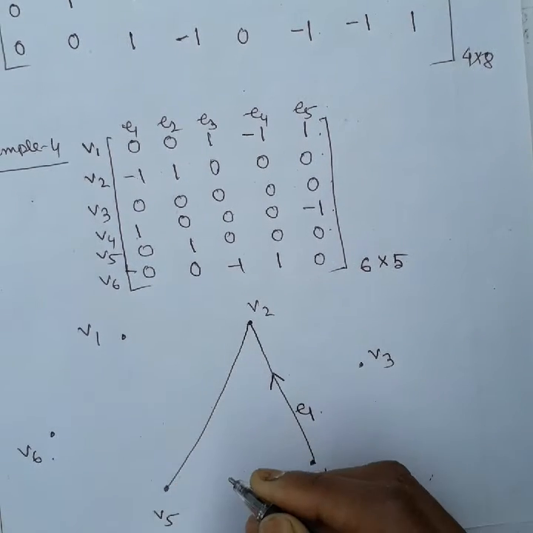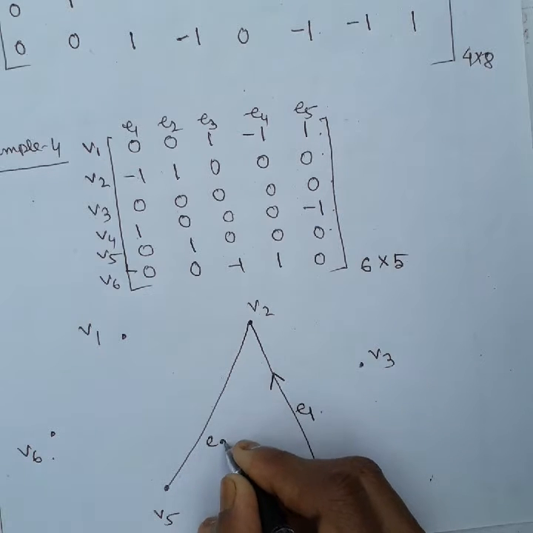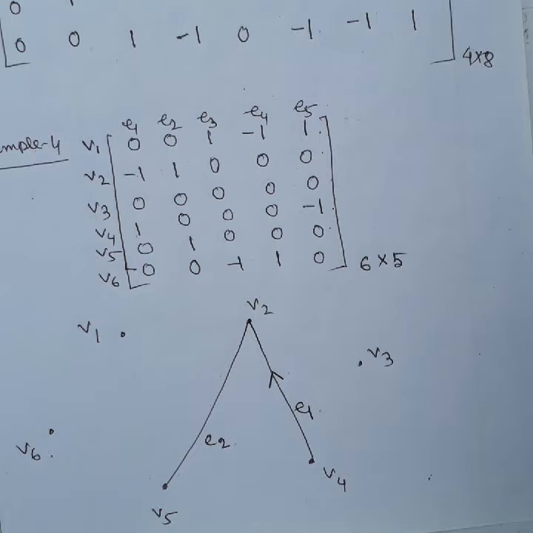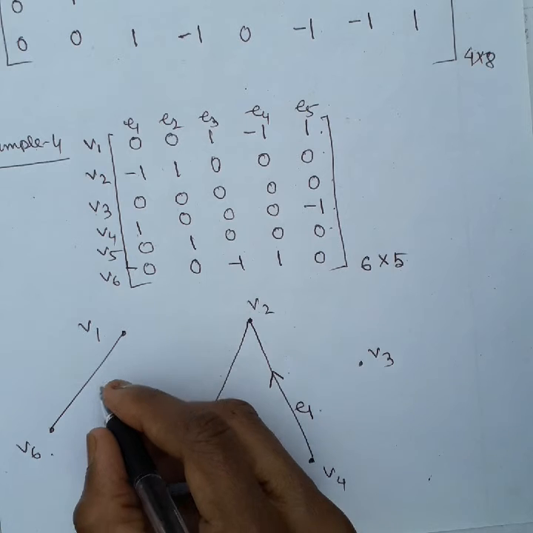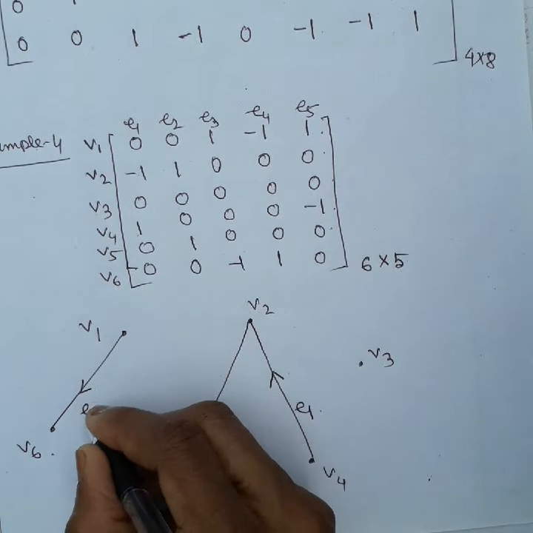There is no -1, so there is no direction. Okay, this is only E2. And E3 is in between V1 and V6. So this is E3 and direction towards V6.